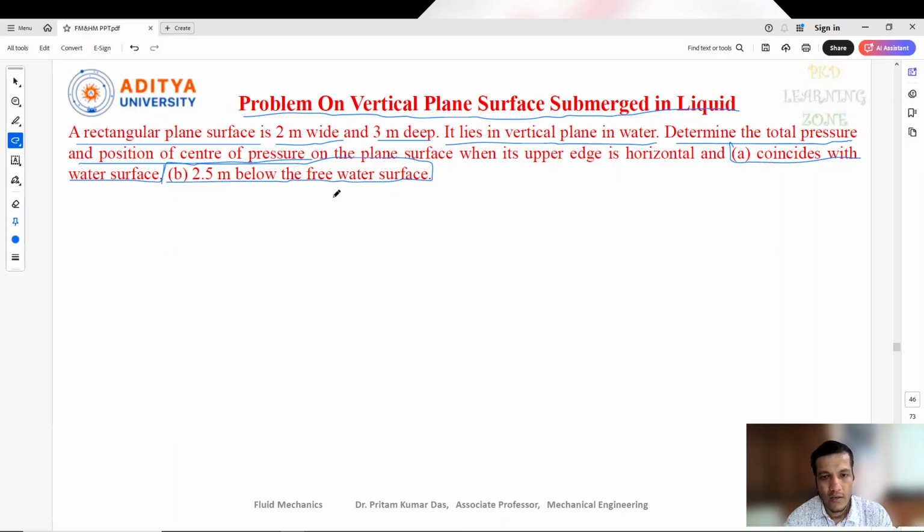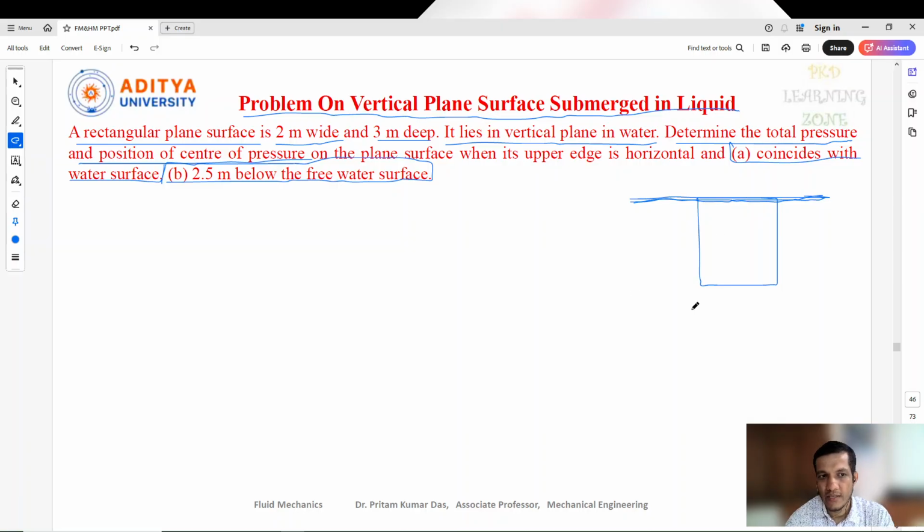So here we can draw a diagram for one condition. First condition is when the upper edge of this rectangular plane coincides with the water surface. So let's draw that rectangular plane. Suppose this is the rectangular plane, and this is our water surface, and the upper edge of this plane coincides with it.